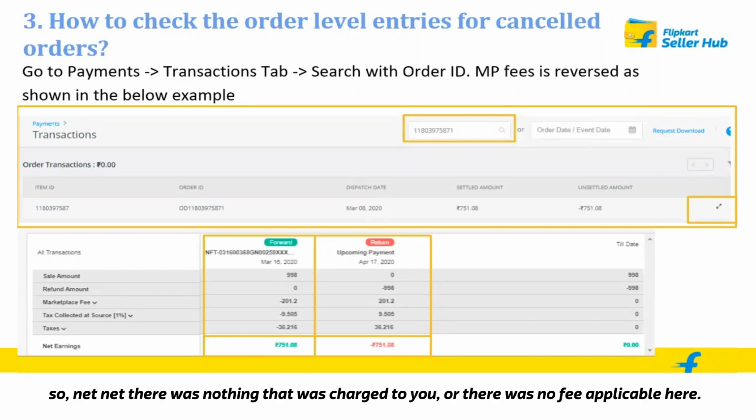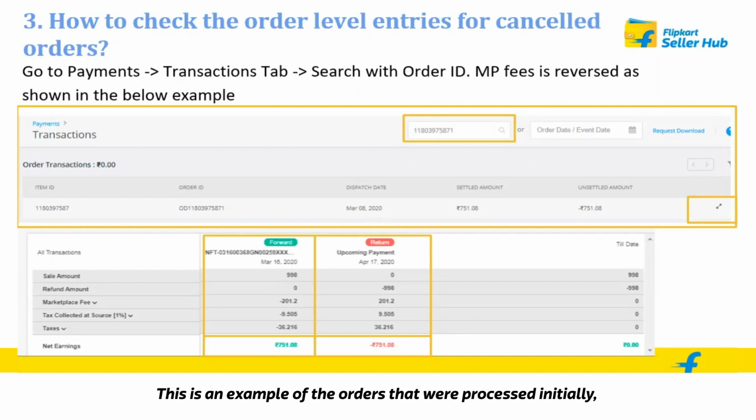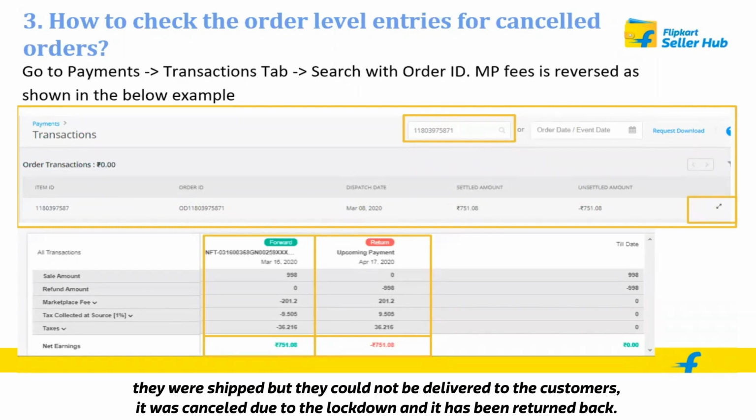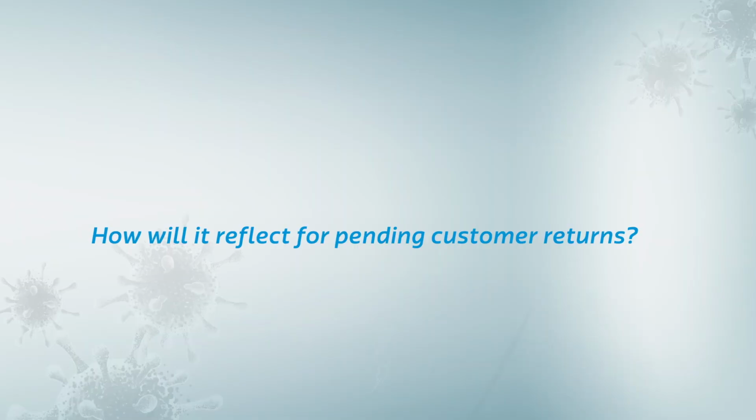So net, there was nothing that was charged to you, or there was no fee applicable here. This is an example of the orders that were processed initially. They were shipped, but they could not be delivered to the customer. It was cancelled due to the lockdown, and it has been returned back to you.